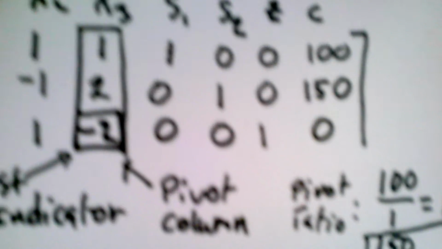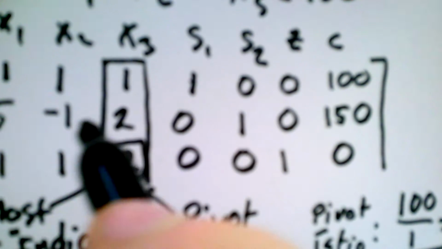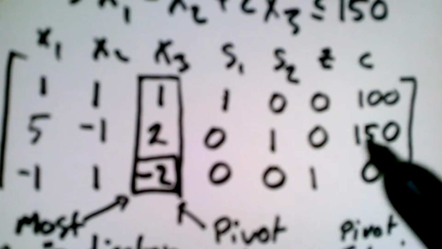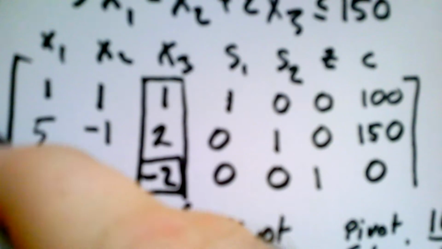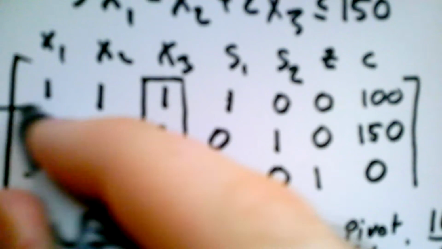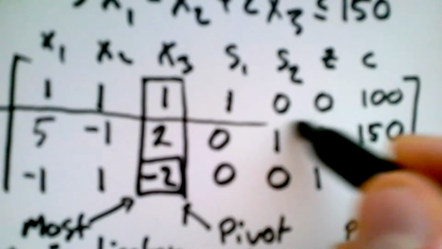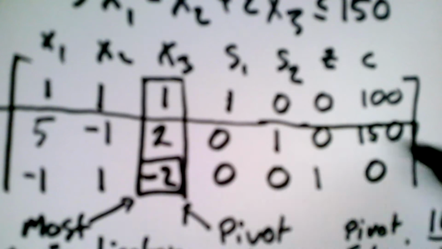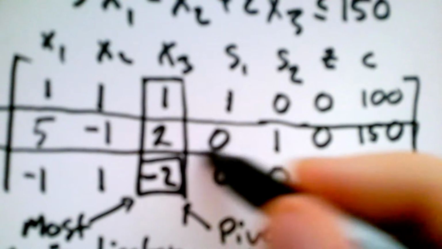And that means that since this is the row that gave us the smallest possible pivot ratio, the second row, this is our pivot row. And the place where the pivot row and the pivot column intersect is called the pivot.